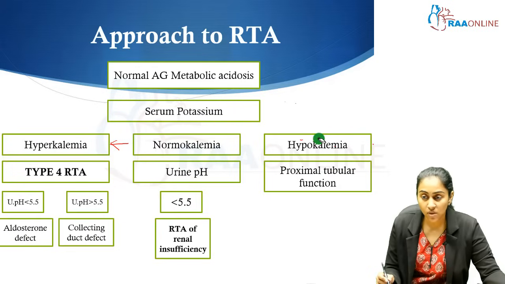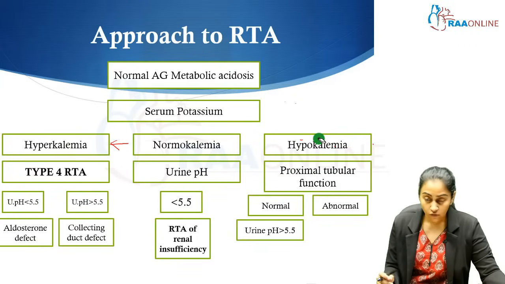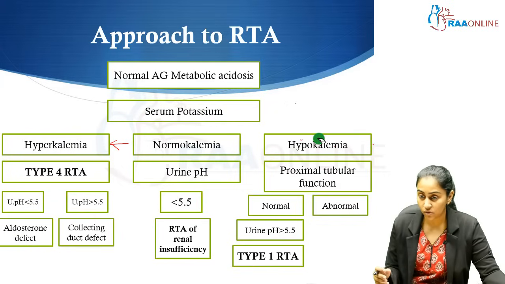If proximal renal tubular dysfunction in the form of hypophosphatemia, hypouricemia, aminoaciduria, glucosuria are all present, then you are looking at proximal renal tubular acidosis. If proximal tubular function is normal and the patient is having nephrolithiasis, nephrocalcinosis and hypercalciuria, then your urine pH is alkaline, and you are looking at distal renal tubular acidosis.